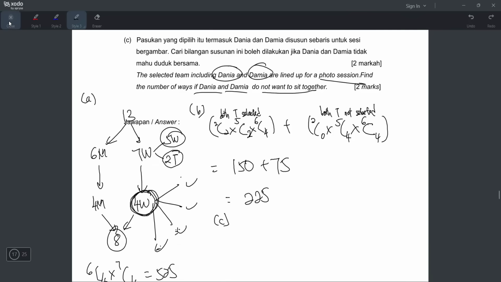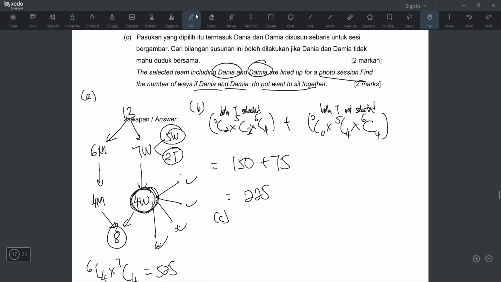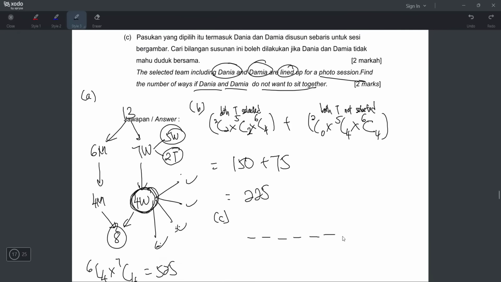Okay, first you have to draw some slots first. So how many empty slots do you have? So line up for photo session. Photo usually you take in a line, right? So how many slots? There will be 8. 1 2 3 4 5 6 7 8. Yeah, because 4 men 4 women. So now they said the selected team including Dania and Damia. That means the selection ends up selecting both the twins.